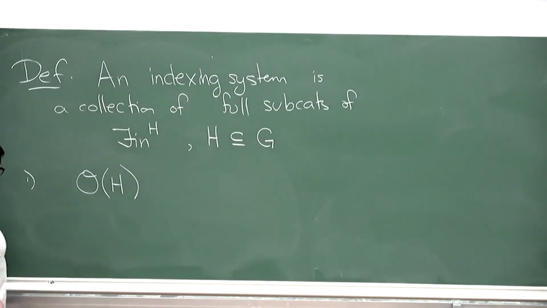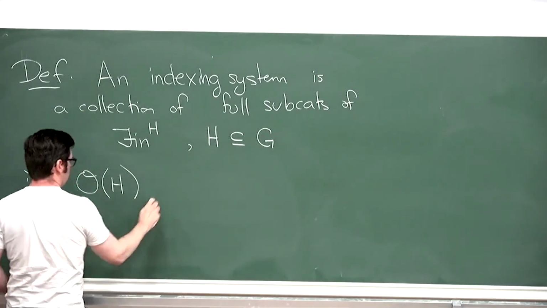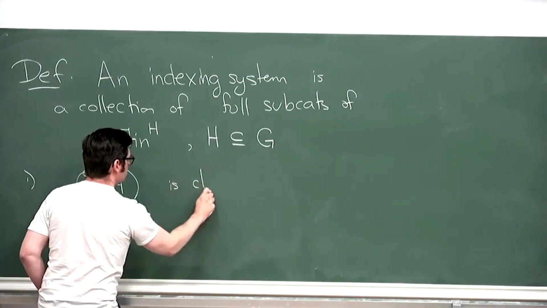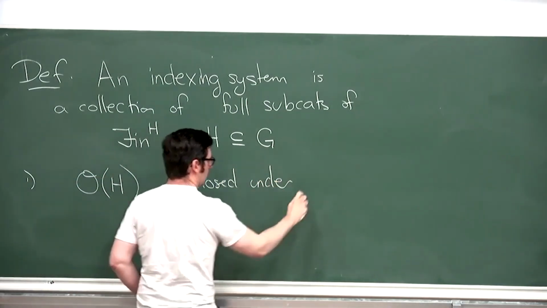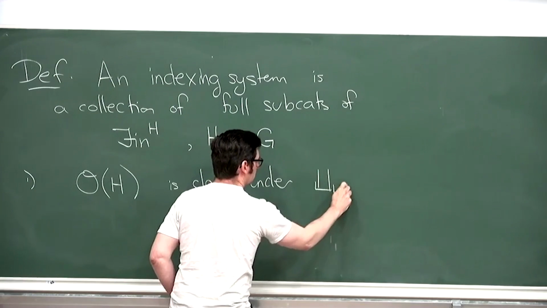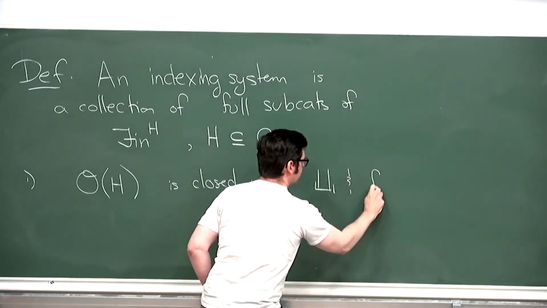First, O of H is closed under disjoint unions and finite limits.